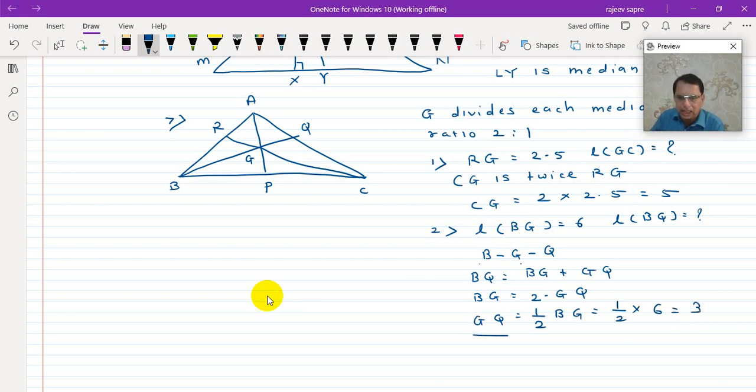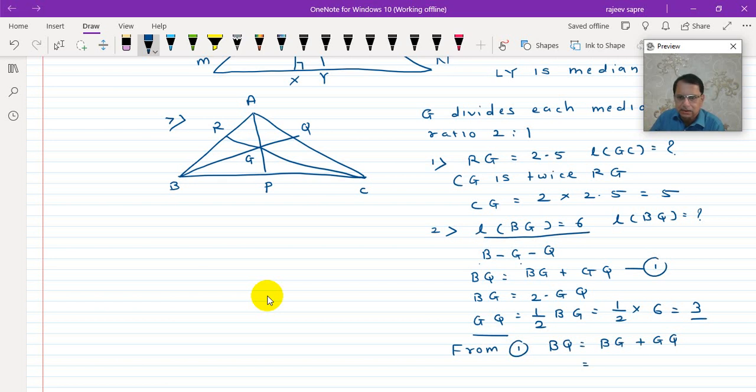So we got GQ as 3. Right, GQ is 3 and BG is already given to you as 6. And here we have written BQ is BG plus GQ. So this is 1, suppose. From 1, what do you get? BQ is equal to BG plus GQ.